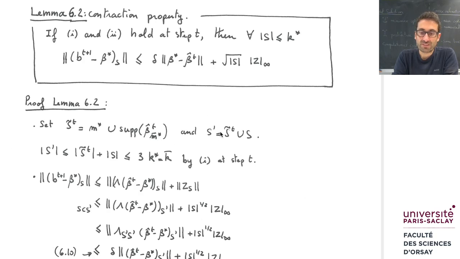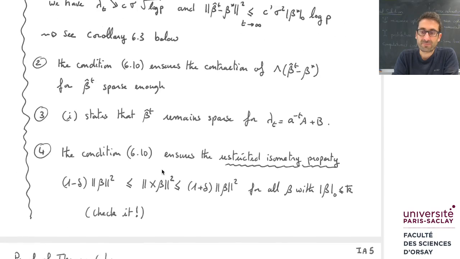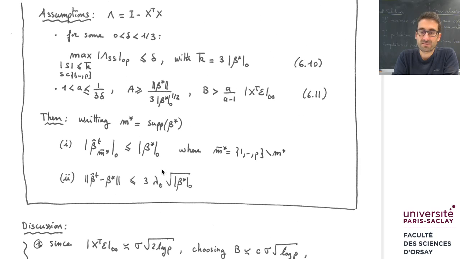If we look at the cardinality of S prime, it is smaller than the cardinality of S tilde t plus the cardinality of S. We have already discussed that the first is smaller than 2k star, and by assumption the cardinality of S is smaller than k star. So the sum of the two is smaller than 3k star, which is our k bar appearing in condition 6.10, right?